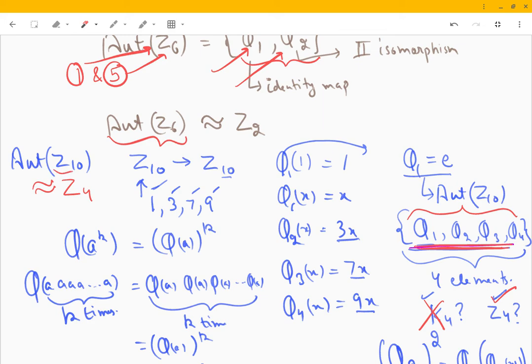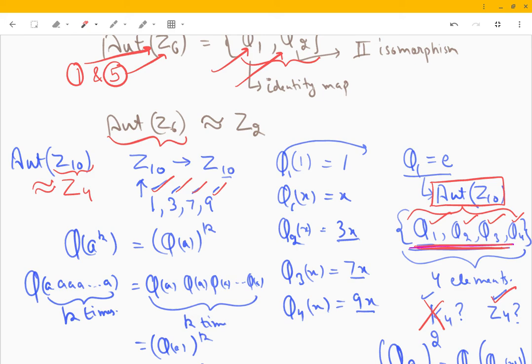Similarly, in this case, 10 has 4 generators. So all those 4 generators gave us 4 isomorphisms which formed elements of the automorphism of Z10.